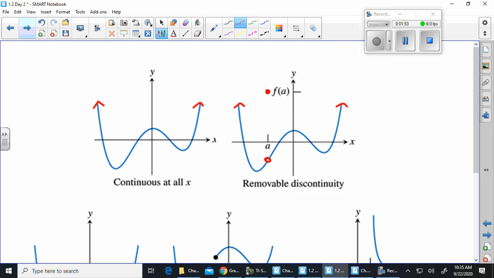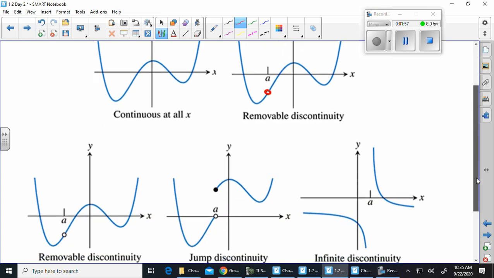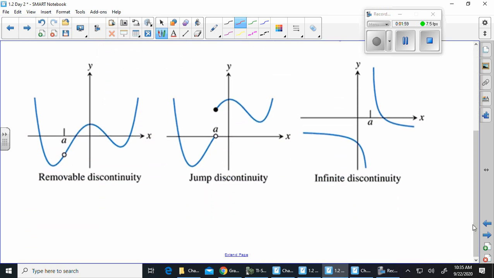If it's a point like that, it is called a removable discontinuity. Third one, same thing. This is not continuous at A. There's no point at A, but it's a removable discontinuity. Only place where it's not continuous is A.